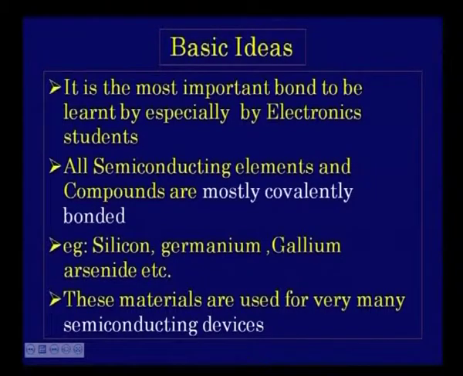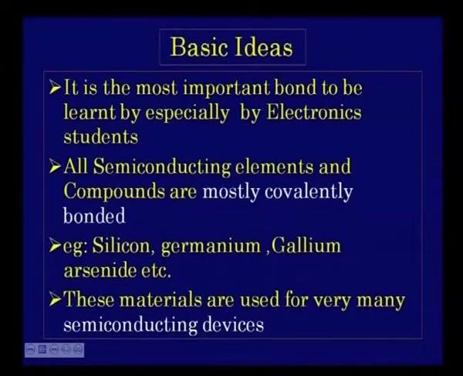Therefore, all semiconducting elements and compounds are mostly covalently bonded. I would like to underline the word mostly covalently bonded. What I mean by mostly covalently bonded, I will come to at a later stage. And the most important materials which are used for semiconductor devices, the basic materials, are silicon, germanium and gallium arsenide.